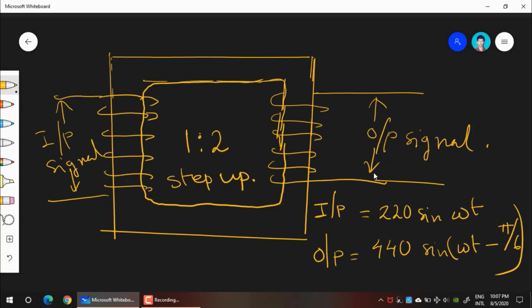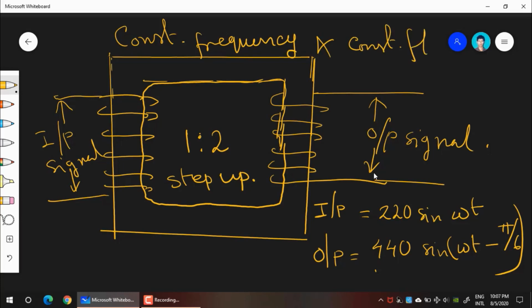Now, as we know, a transformer operates with constant frequency. It is a constant frequency, constant flux device, provided you keep the input signal unaltered.